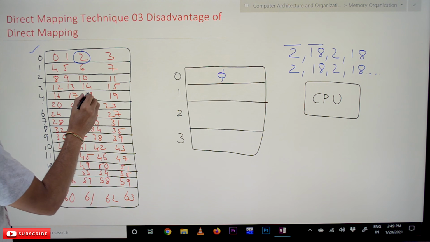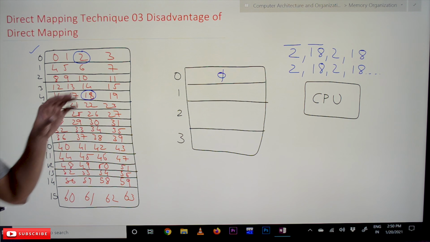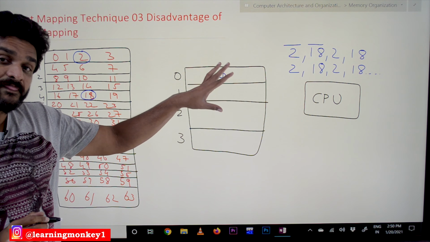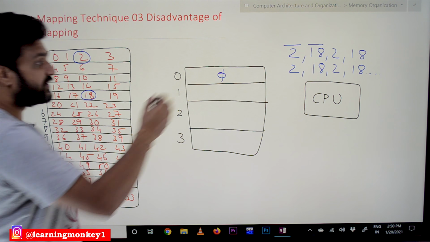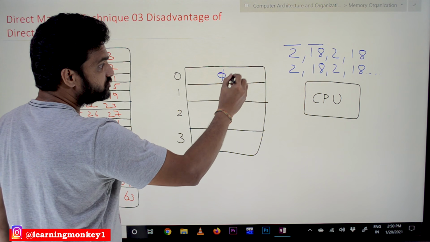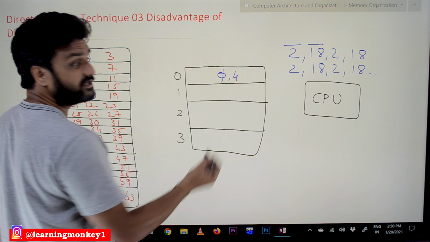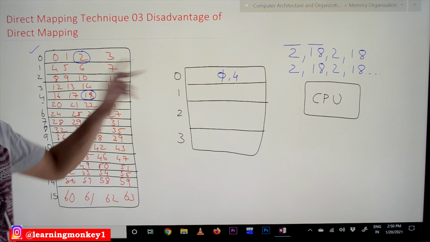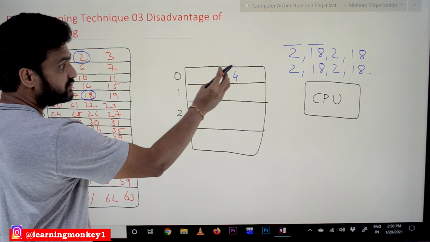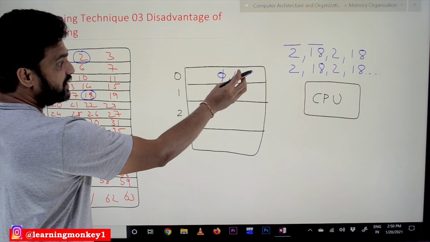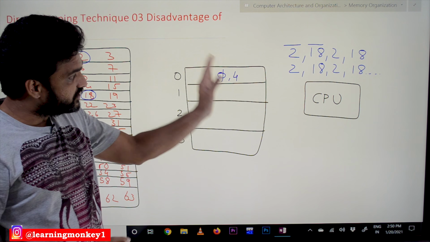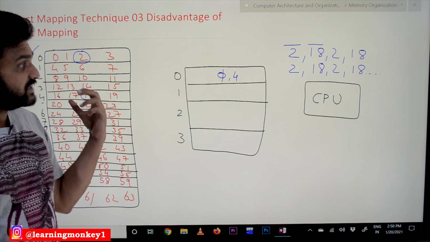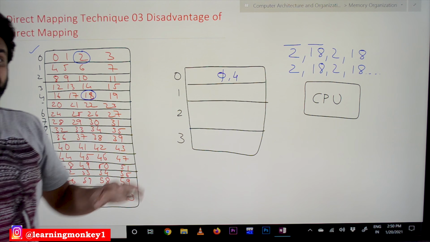The 18th word is in the 4th block. According to the direct mapping technique, where does the 4th block have to be transferred? It has to be transferred onto the 0th line of the cache memory. So a miss will happen, the 0th block will be transferred back, and the 4th block will be placed onto the 0th line of the cache memory.